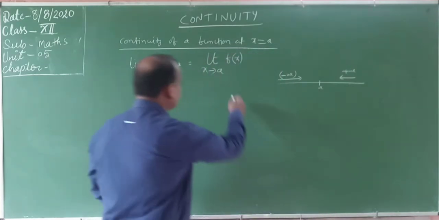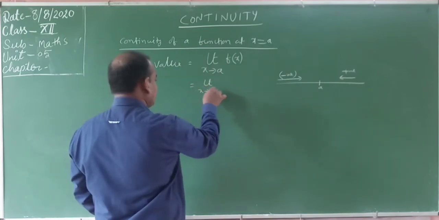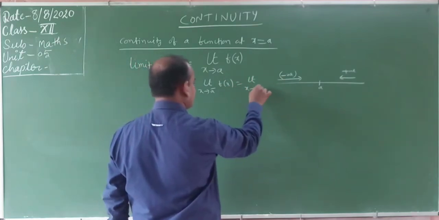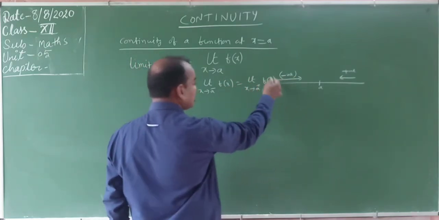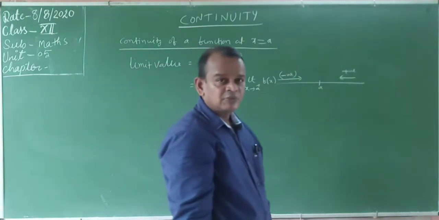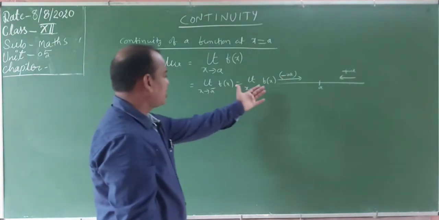That is, the limit exists means limit x tends to a minus f of x equals limit x tends to a plus f of x. Both are equal. The left hand limit is equal to the right hand limit.